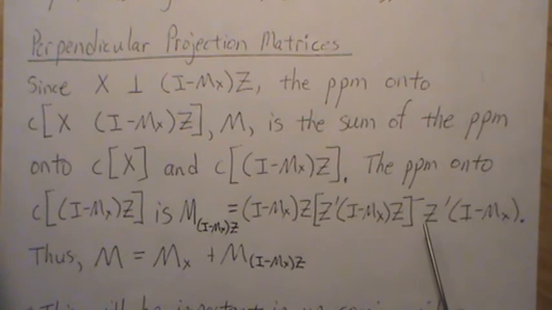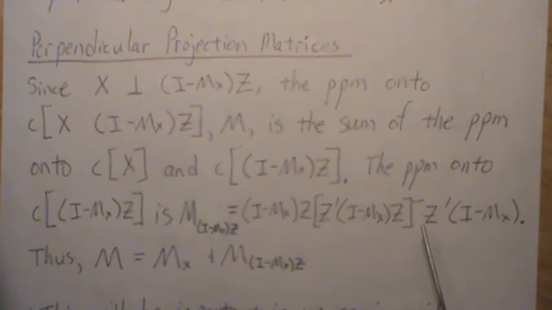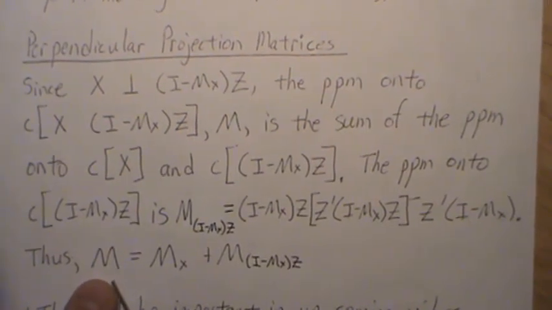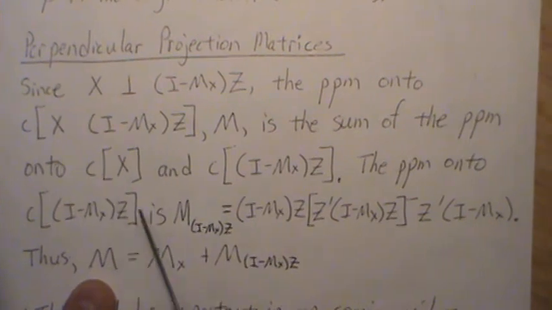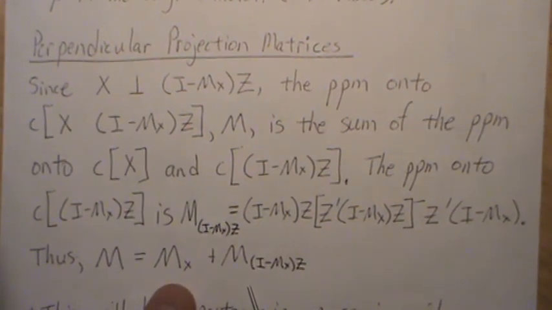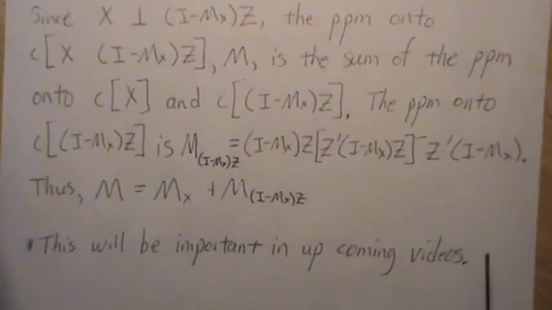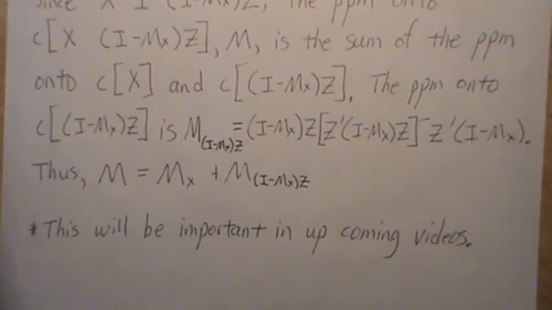I have it in my matrix playlist and my general linear models background playlist if you want to look at that. So the perpendicular projection matrix M onto this column space is the sum of these two perpendicular projection matrices, and that's because these spaces are orthogonal. Now this will be important in upcoming videos, but for now that's all I have.